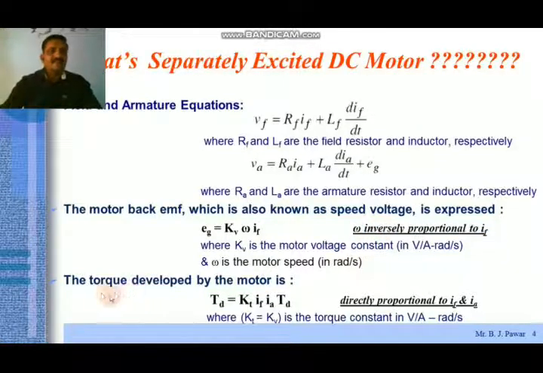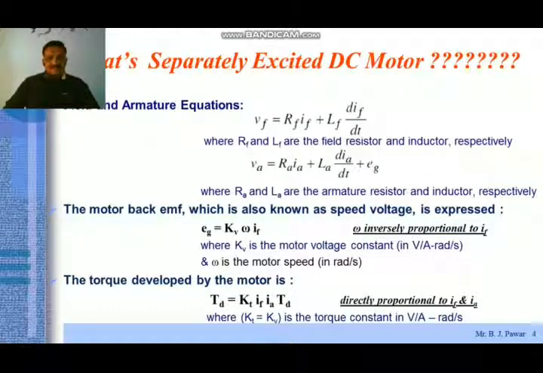Okay, and now the next parameter, the torque developed by the motor. Again we derived that Td equals Kt into If into Ia, where Kt equals Kv is the torque constant.